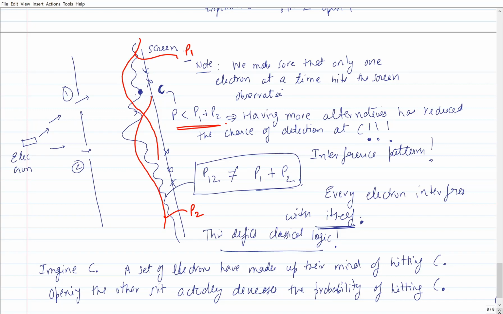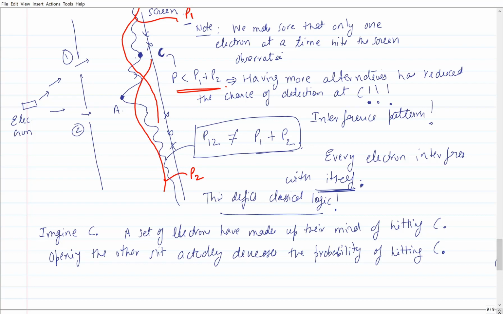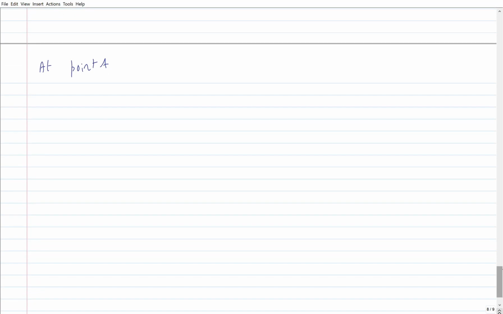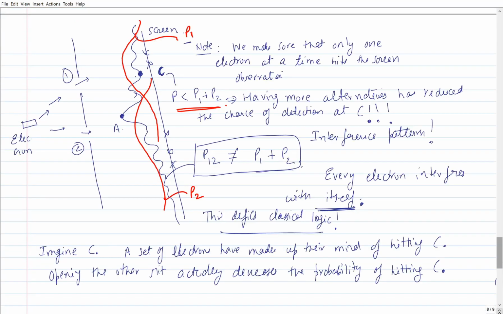Also, let's consider this particular point A. At point A, which is at the center of the screen, the probability is more than twice of P1 and P2. We'll do this mathematically in more detail, but hear me out.